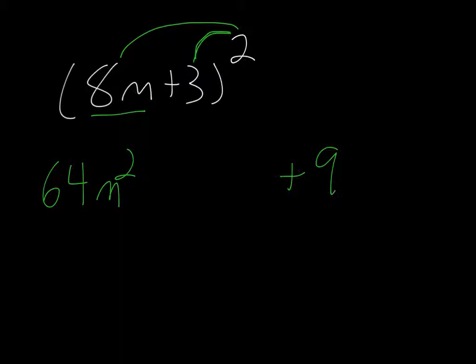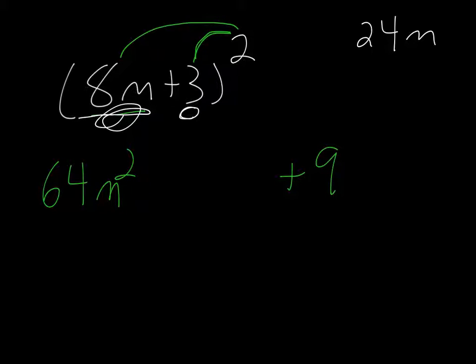And notice I left a little space in the middle because we're going to also have a third term in here. Now, to figure out what that third term is, it's kind of a two-step process. First, we got to take our 8m and our 3, and we need to multiply them together. So 8m times 3 is 24m. But we saw from our last example that we really get that middle term twice.